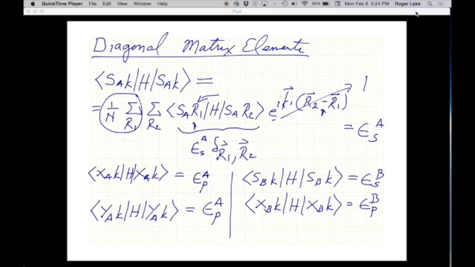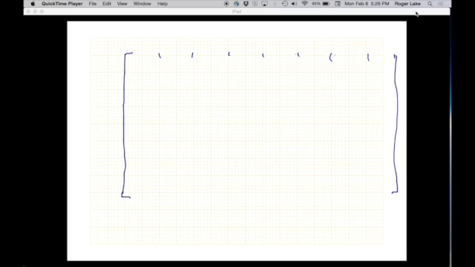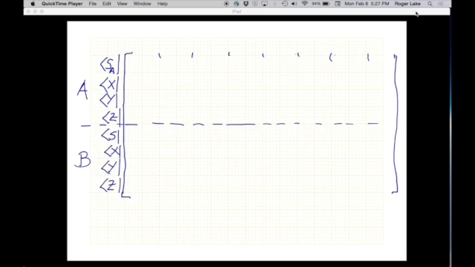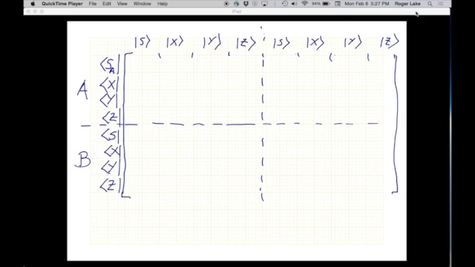Okay, so now we're ready to write down the general form of our Hamiltonian. Leave some space. This is an 8 by 8 matrix. And the way we're going to order this in terms of atom and matrix elements, in the same order goes up here. So all these guys are on the A atom, and all these guys are on the B atom.